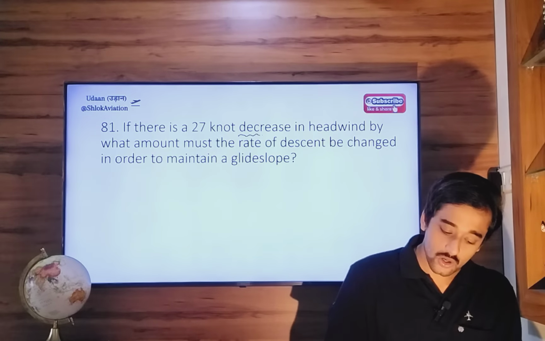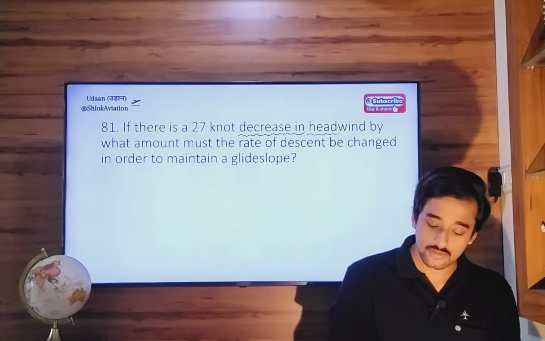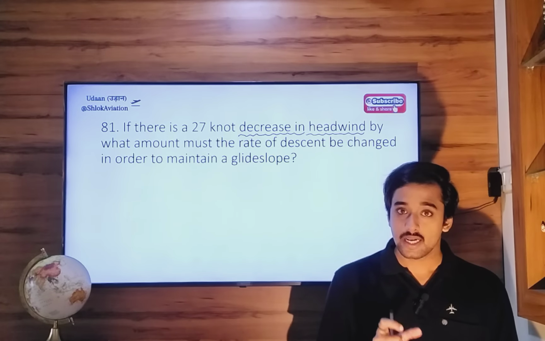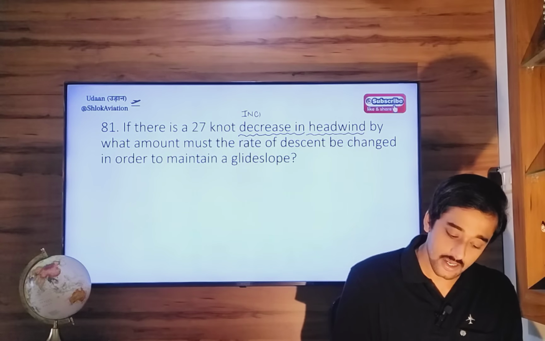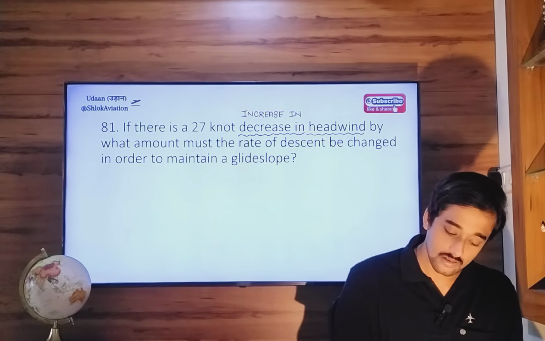Okay, so they are talking about a decrease in headwind. Decrease in headwind is nothing but increase in tailwind.